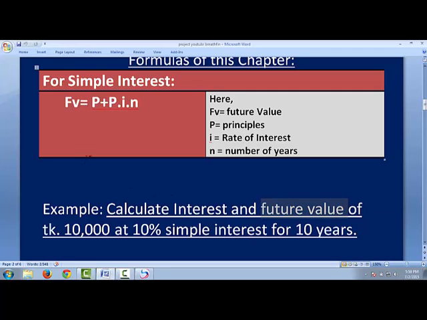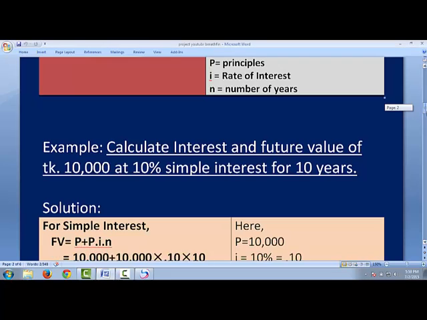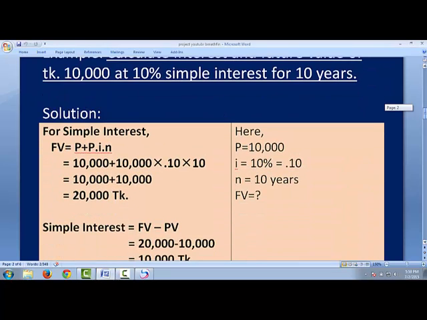We can find future value using this formula. The solution is, for simple interest, FV equals P plus P into I into N. Here P equals 10,000, I equals 10%, which is 0.10, N equals 10 years, FV equals what? Now we put the values in the formula.